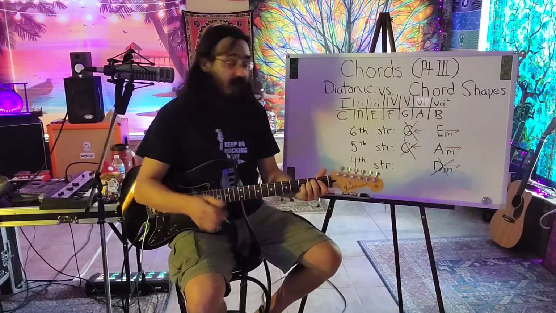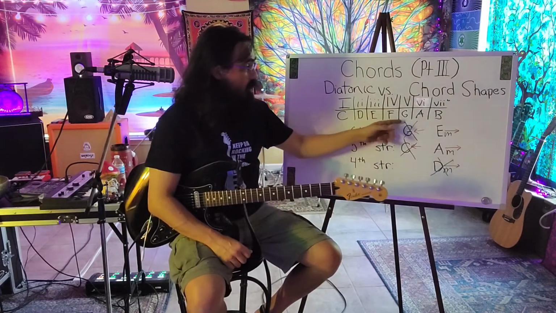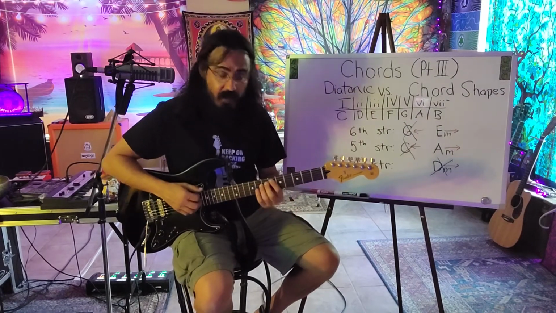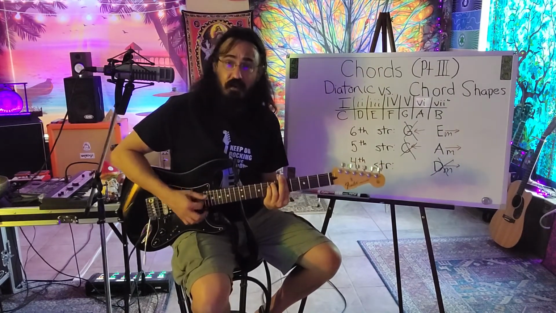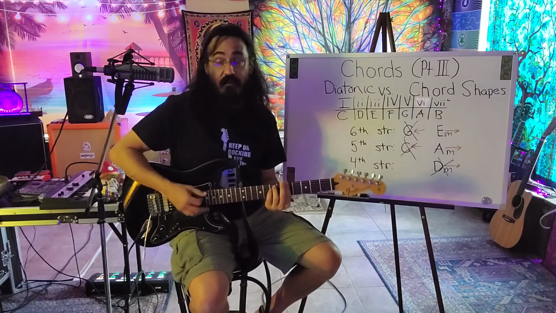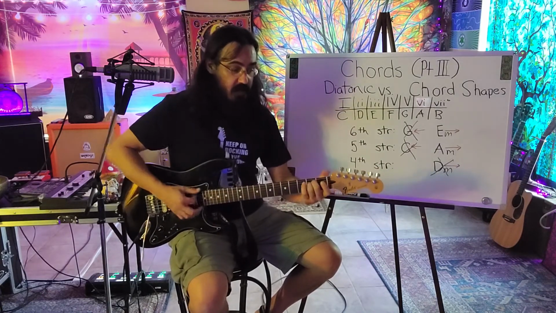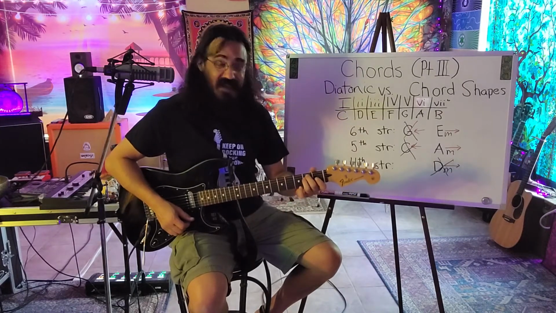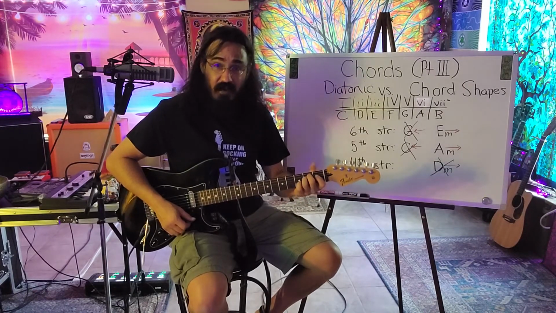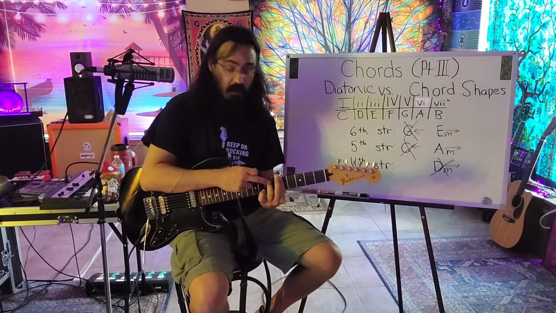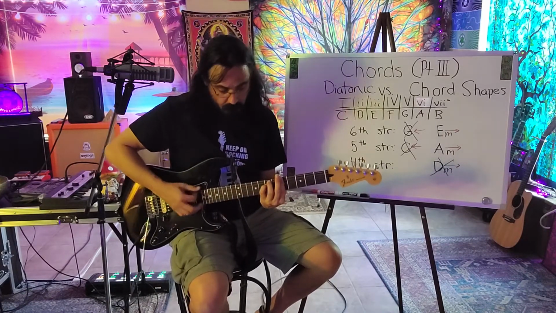So where's my next minor chord? E, F, G, A minor. So I've got to find A. Hopefully you know your notes by now. 5th fret with my root on the 6th string. And here, instead of using my middle and ring finger to fret the strings, I'm using my ring finger and my pinky.